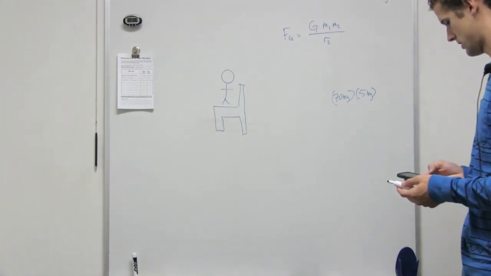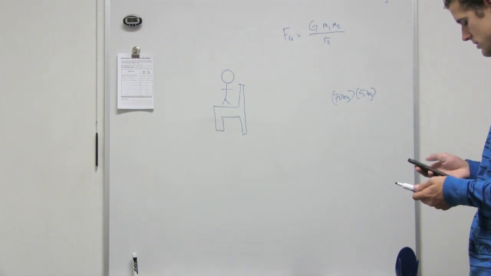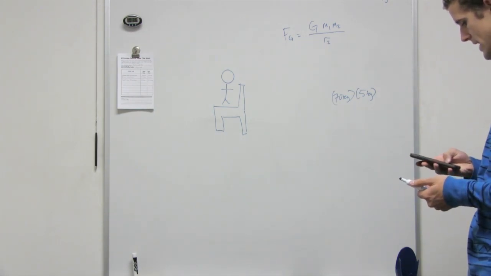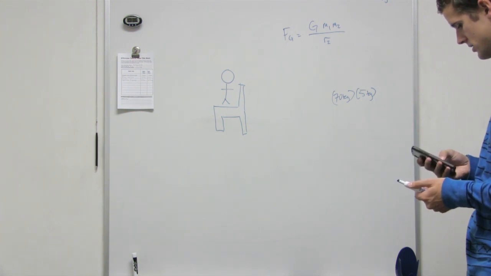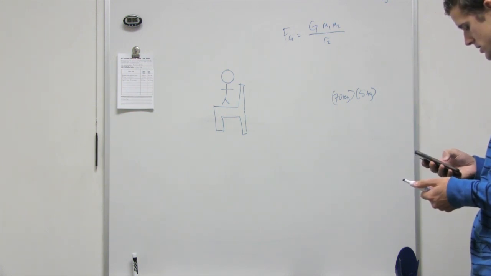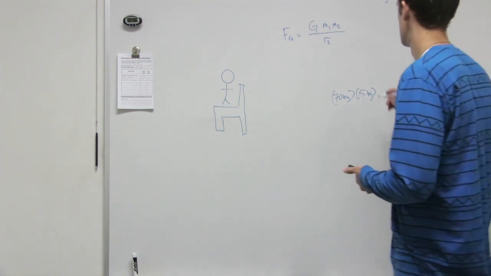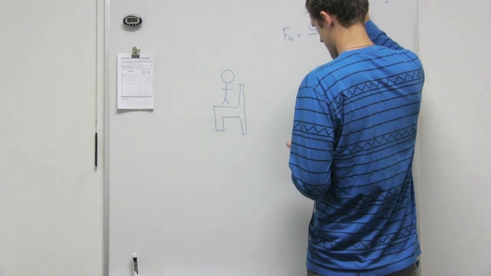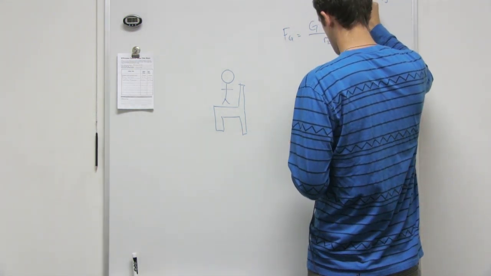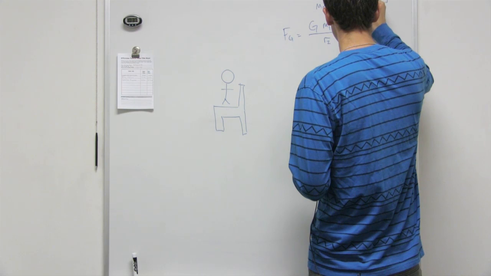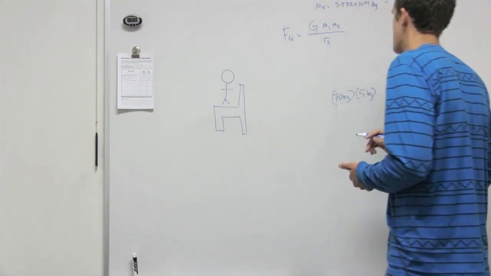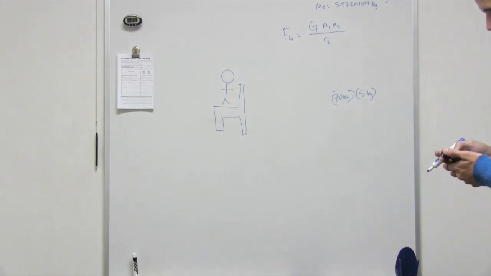And then, let's see, the mass of the Earth. So the mass of the Earth is 5.972 times 10 to the 24th kilograms.